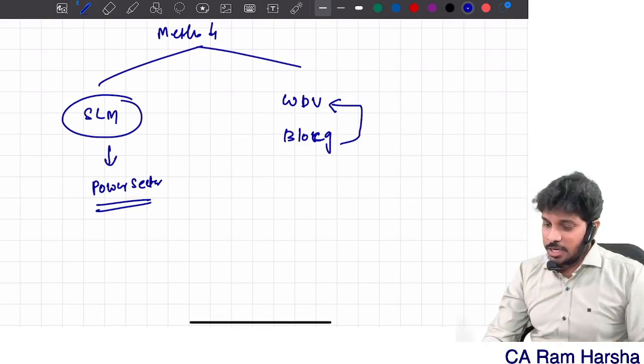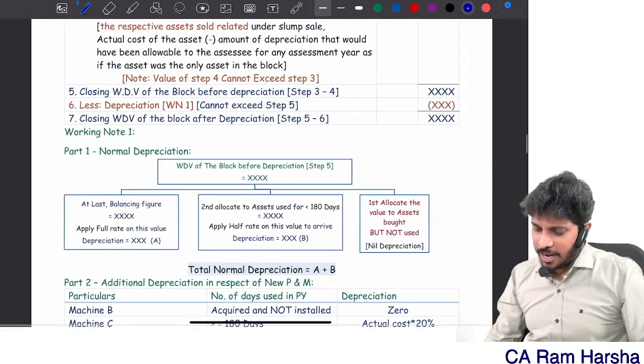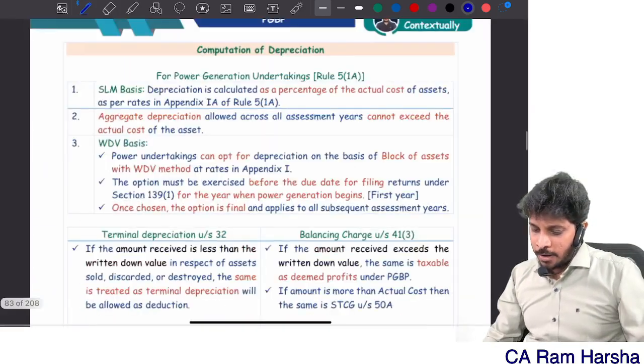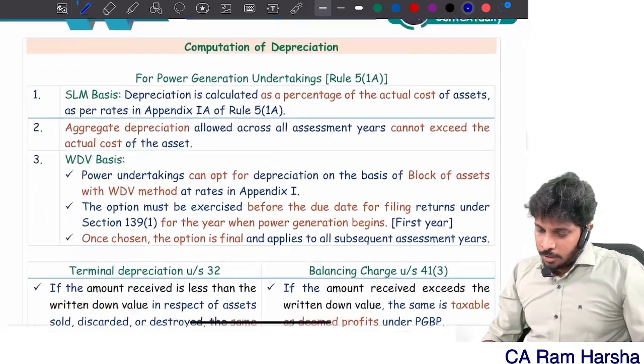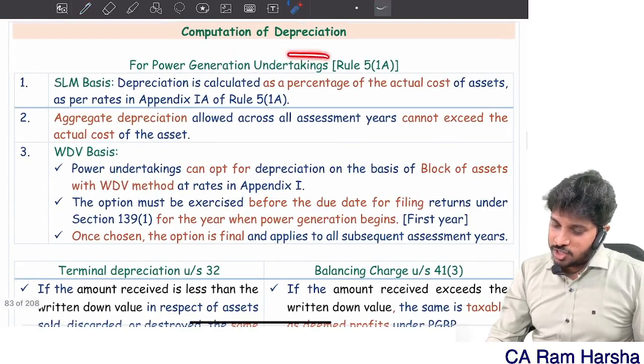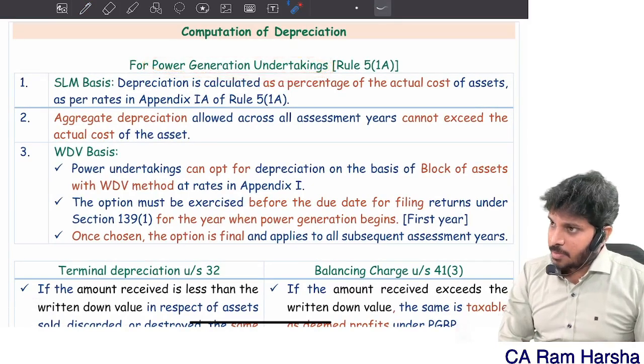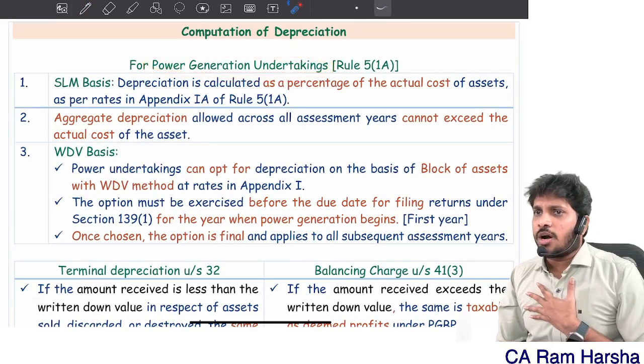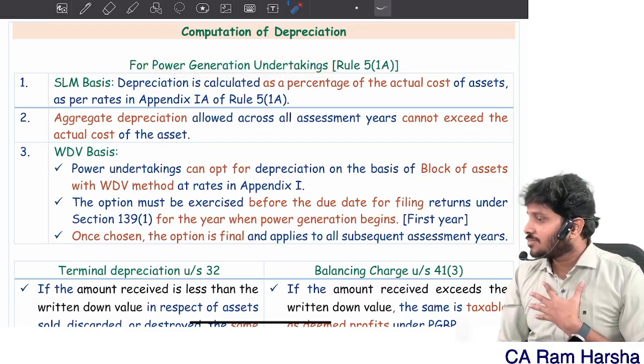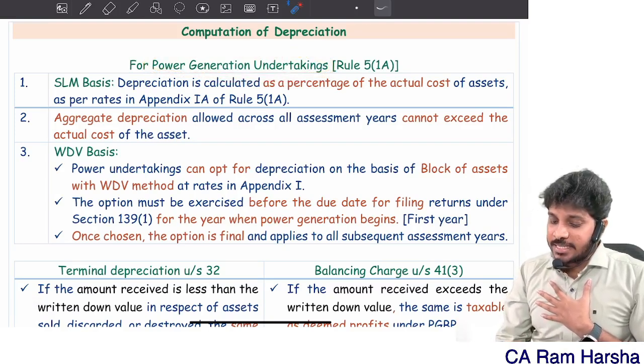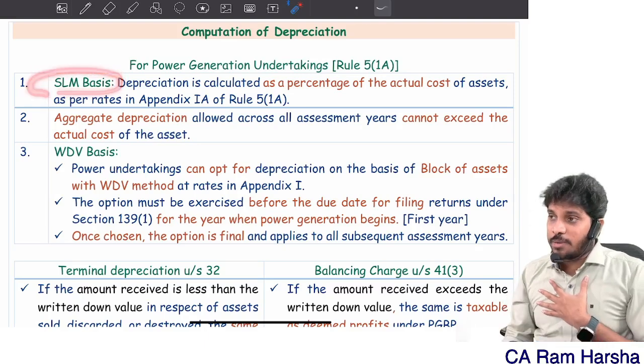Are you getting it? You see here, I will show you that, don't worry. You see, for power generation undertakings, your company is engaged in what? Electricity manufacturing. If your company is engaged in electricity, you can calculate depreciation on what basis?